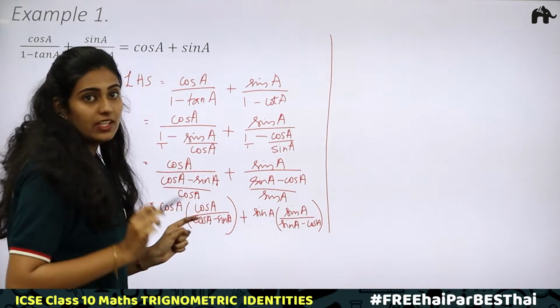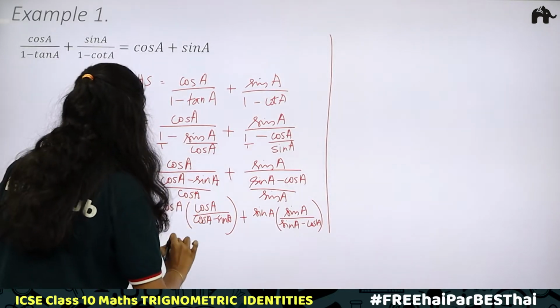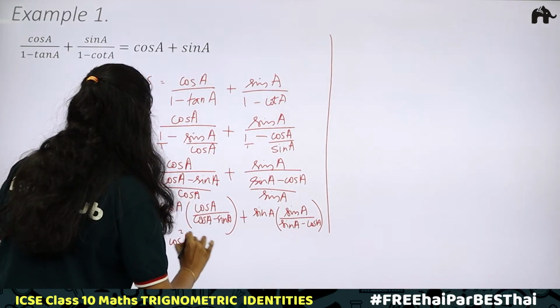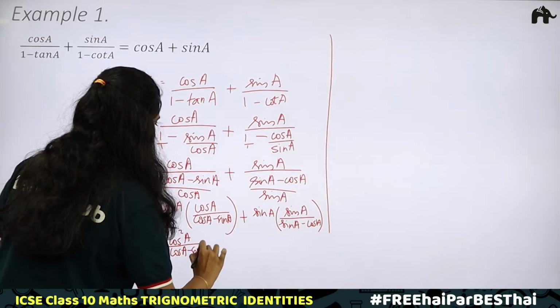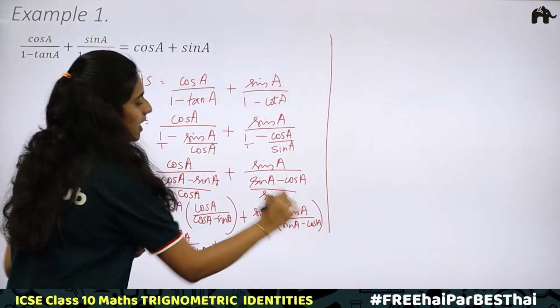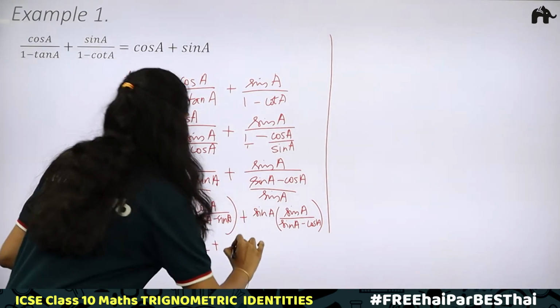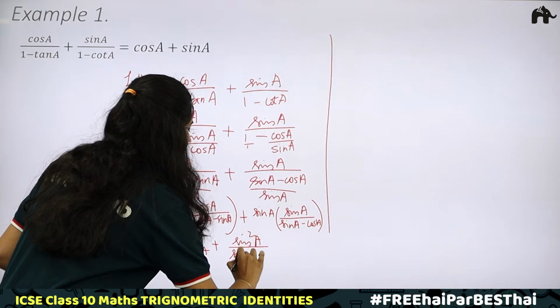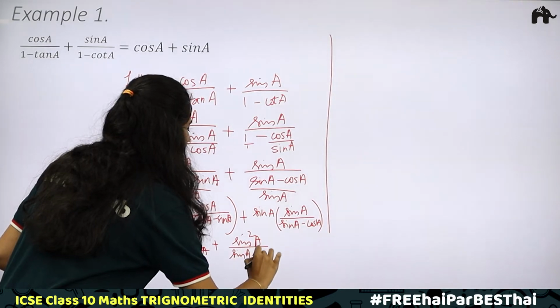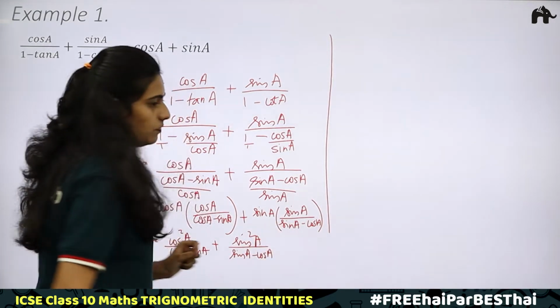Cos A into cos A we get cos square A. That is equal to cos square A divided by cos A minus sin A plus sin A into sin A is sin square A. Sin square A divided by sin A minus cos A.